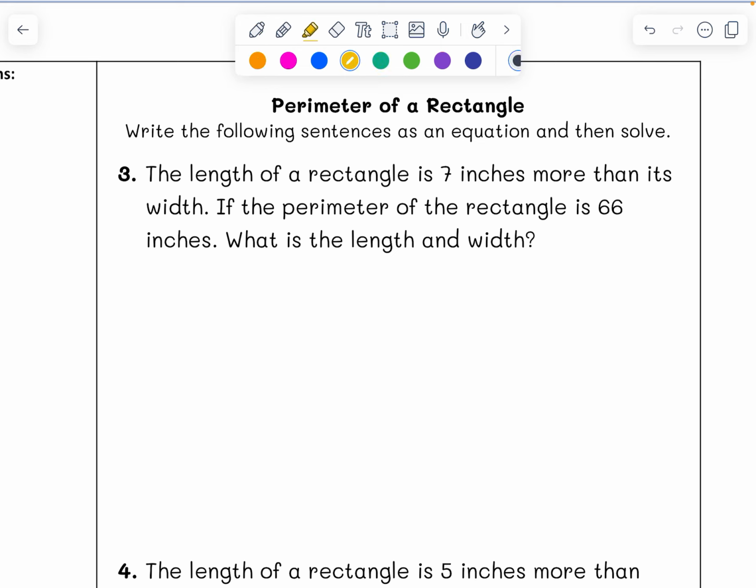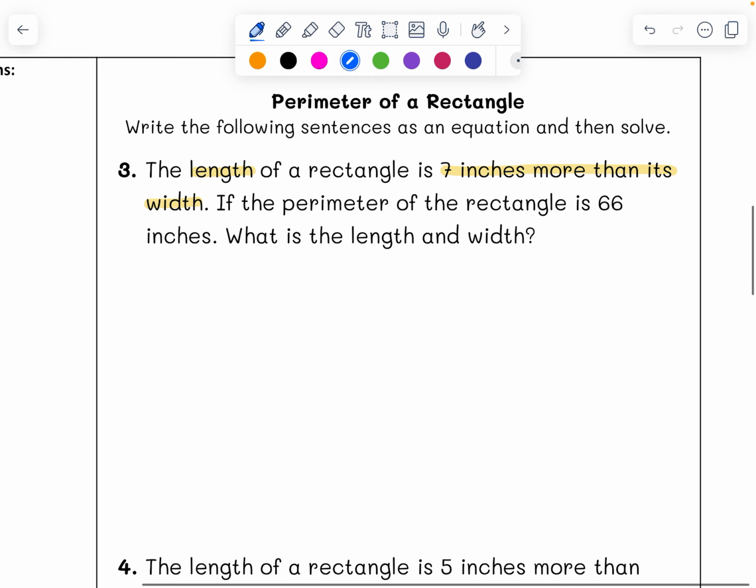So this is where I'm going to use let statements. It says the length of a rectangle is 7 more than its width. So if I'm trying to find the length and I don't know what the width is, but I know that the length is 7 more than the width, I'm going to call my width x.